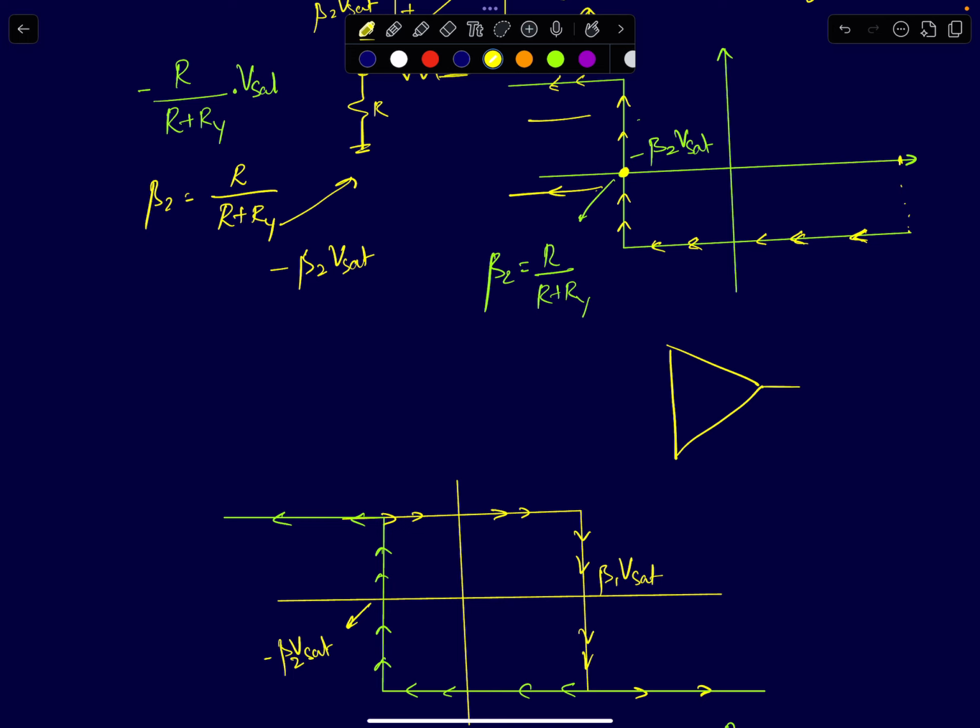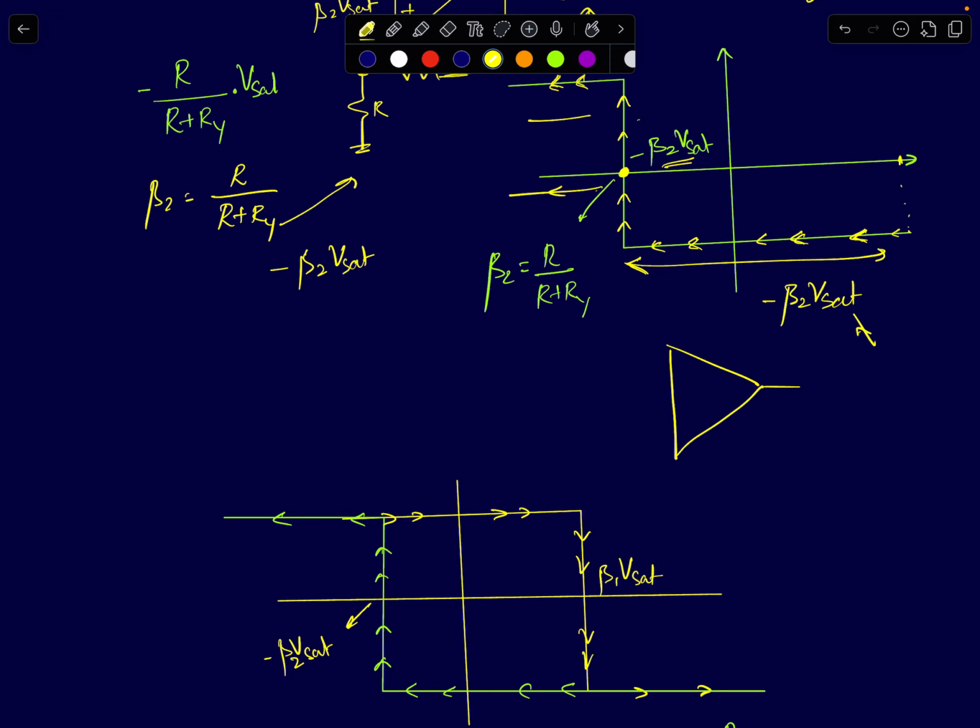So at this point, when you are in this region, as you are decreasing your input, the feedback voltage is minus beta 2 times Vsat. That's the feedback voltage. Okay, therefore the transition happens at minus beta 2 Vsat. When your input voltage goes lower than minus beta 2 Vsat, your output will go to plus Vsat.